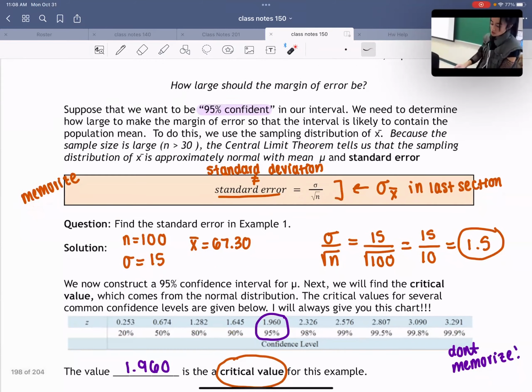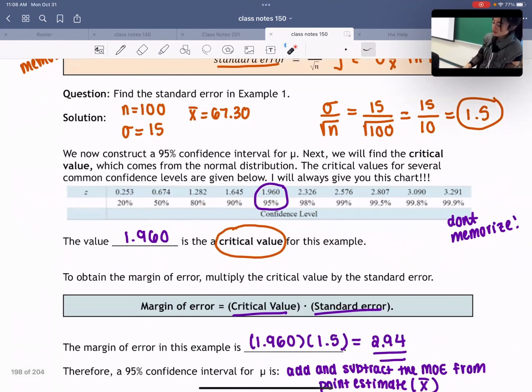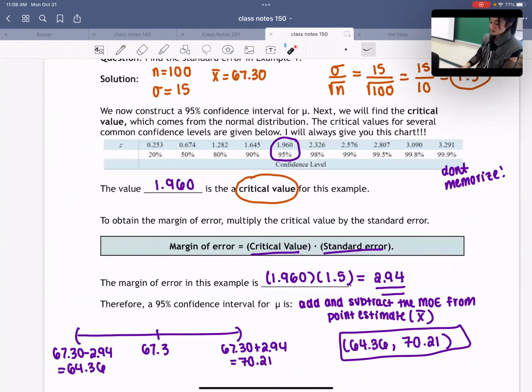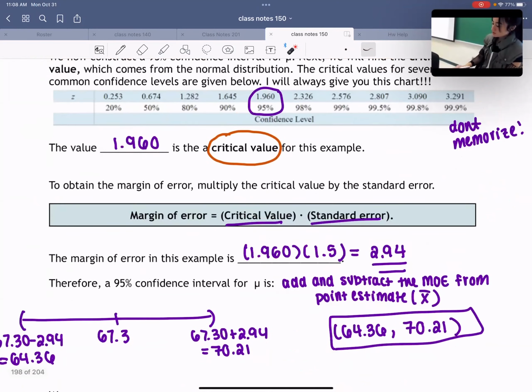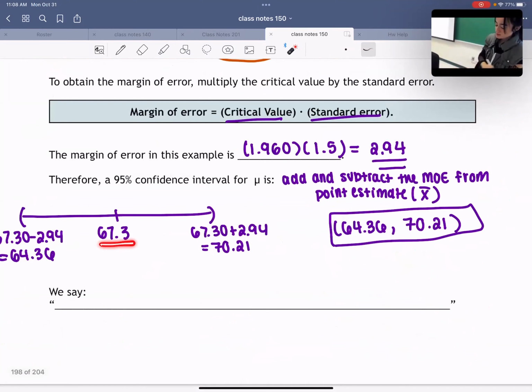Then you're going to find the critical value, which is found using this handy dandy chart. Then to find the margin of error, you just multiply the two numbers that you found. In this example, we got 2.94. To make our interval, you take the mean, add 2.94, and subtract 2.94, and that's how we got this interval here.